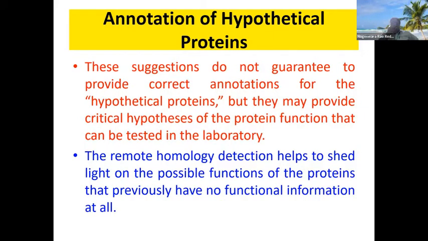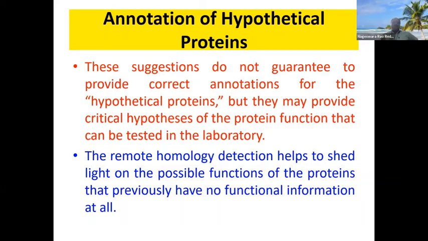So we can use all these: homolog search, domain and motif search, then structure-based approaches, then subcellular localization, or protein-protein interaction, for a hypothetical protein or a putative protein, and then find out the function of the protein.